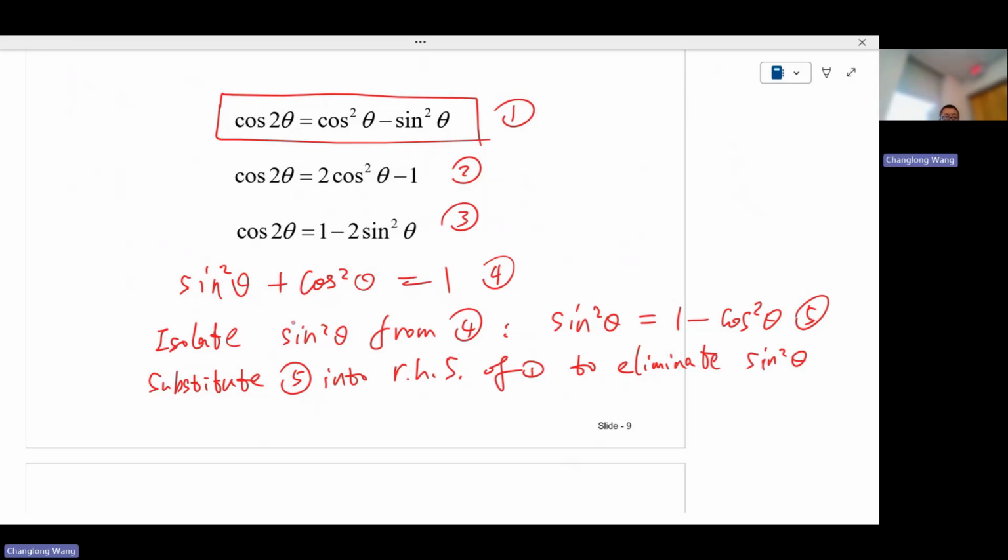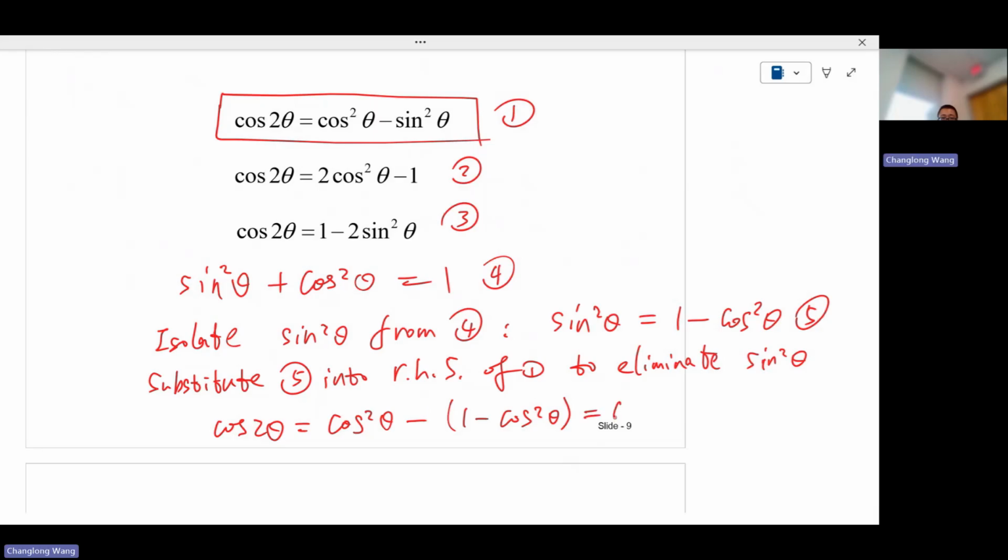Now, do you see that? I can write the left hand side the same as before, right? On the right hand side, whenever I see sine square, I'll do a replacement. I'll copy the cosine square, and the minus sine square I'll replace with 1 minus cosine square theta, right? So I hope you can get rid of the parentheses, but notice there's a preceding negative sign.